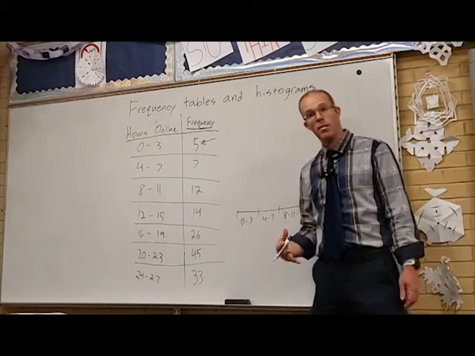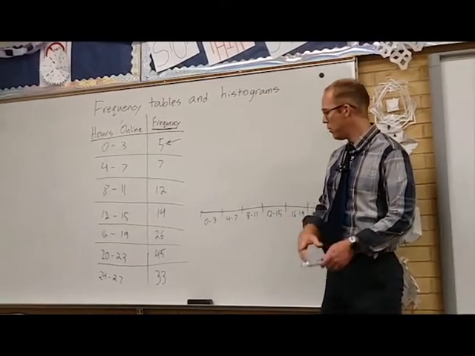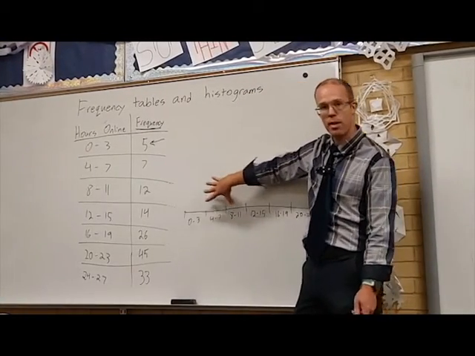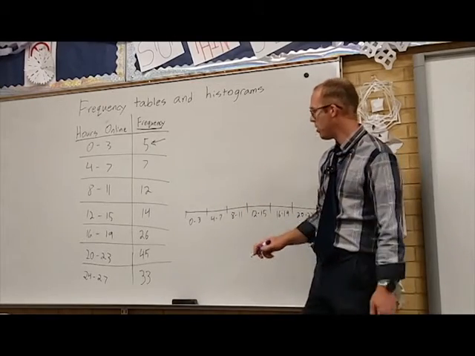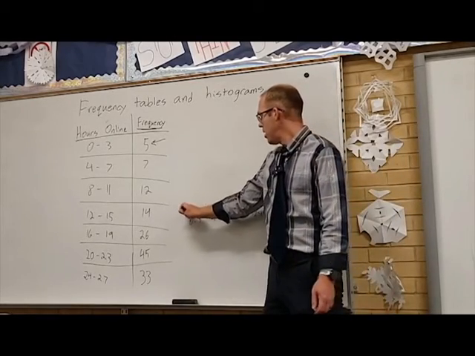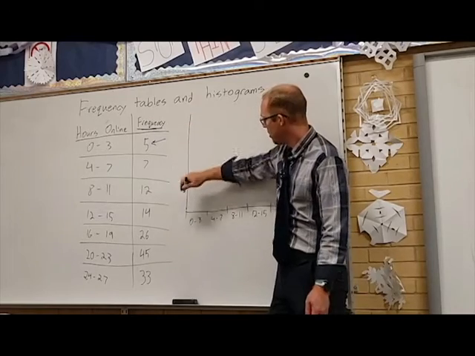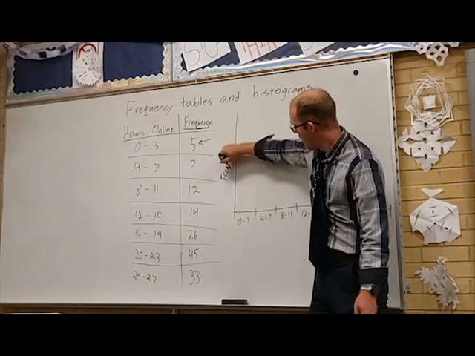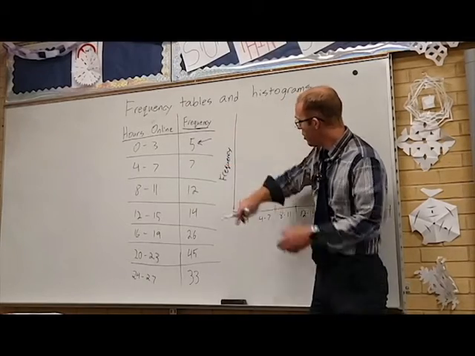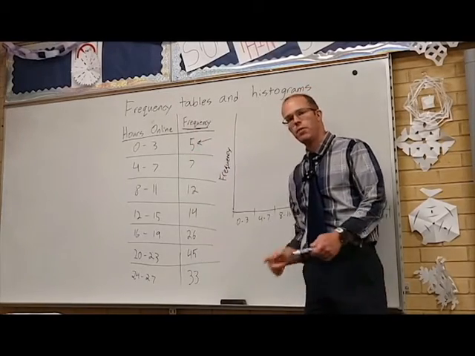The histogram is a type of bar graph that will take that data and display it as a picture. I kind of like how it shows the different shapes. We'll talk about that in a little bit. On the y-axis right here, to complete our bar graph, we have frequency, and that matches the frequency from the frequency table here.